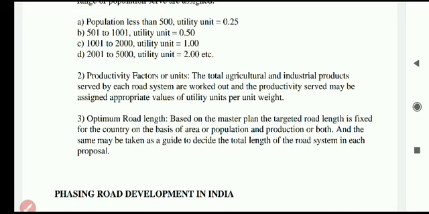The total agricultural and industrial products served by each road system are worked out, and the productivity served may be assigned appropriate values of utility units per unit weight, that is load. So per 1000 tons or per 100 tons, these utility units are fixed.